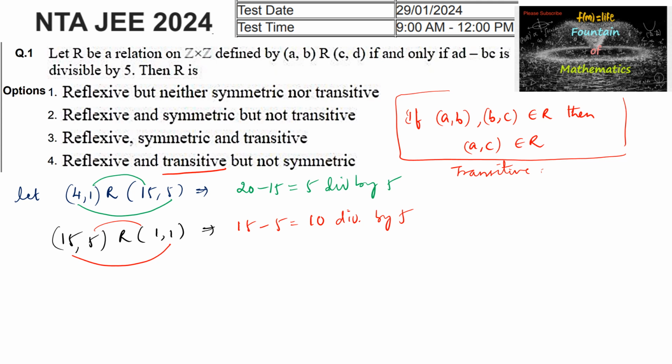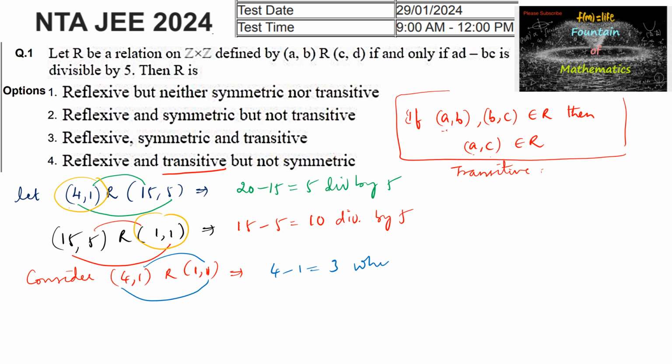So we can say that (4, 1) is related to (15, 5) and (15, 5) is related to (1, 1). Now we need to check A and C. So let us consider here (4, 1) and (1, 1). Consider (4, 1) related to (1, 1), which implies 4 into 1 is 4, minus 1 into 1 is 1, so 4 minus 1 is 3, which is not divisible by 5.